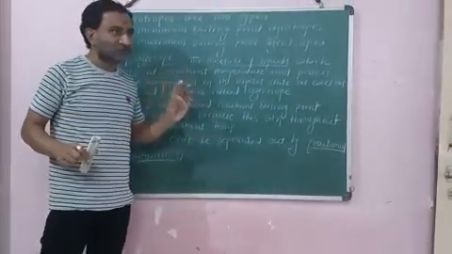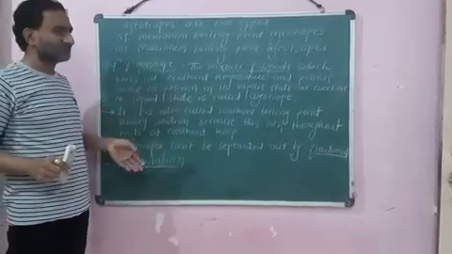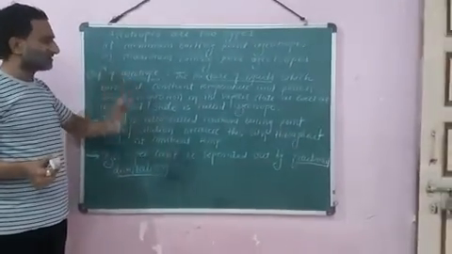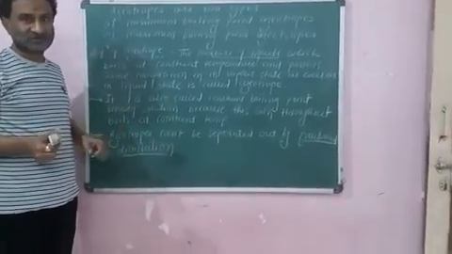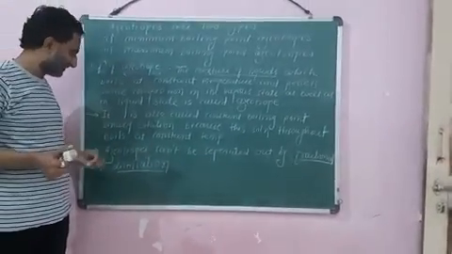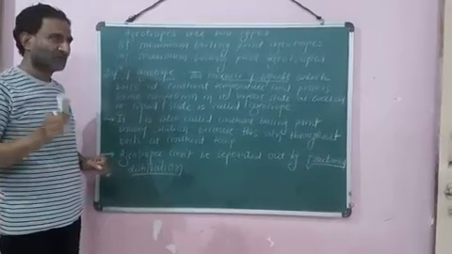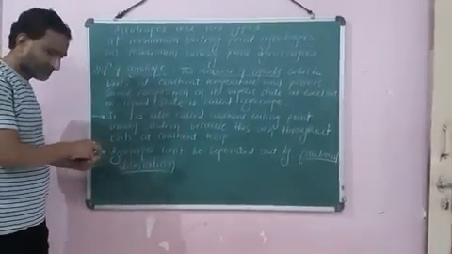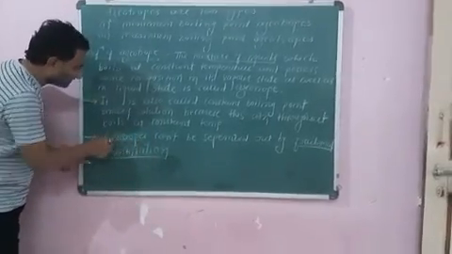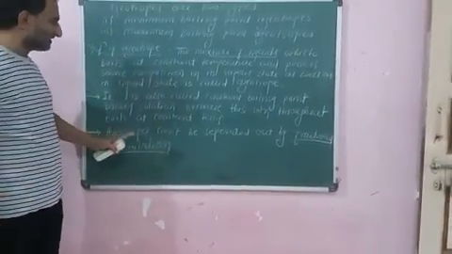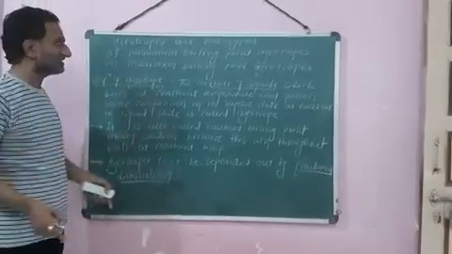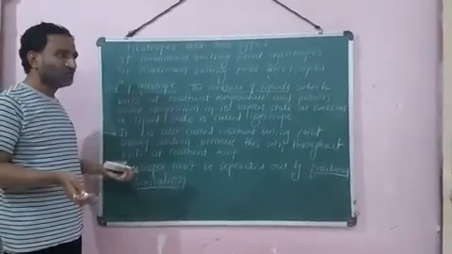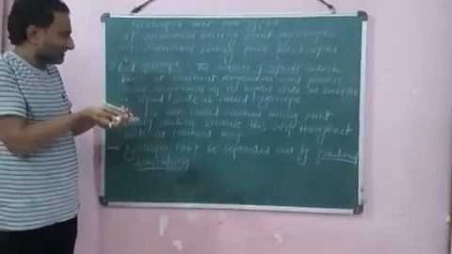A simple binary solution can be separated out by simple distillation, fractional distillation, or distillation under reduced pressure. So many methods we already studied in 11th standard during the purification of organic compounds discussion. But an azeotrope cannot be separated out by fractional distillation. They remain as they are. If you boil it, both boil together.